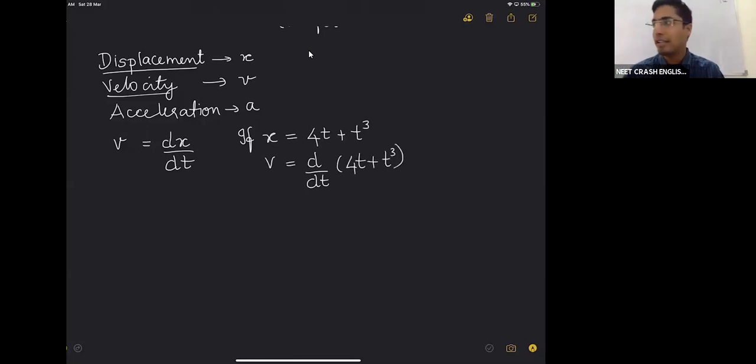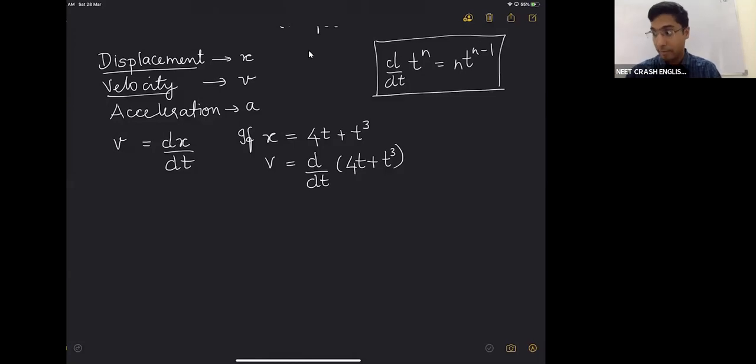Now all of you know that the differentiation of t raised to n is nt raised to n minus 1. Right? This you must have studied. If you don't, just remember differentiation of t raised to n is nt raised to n minus 1.